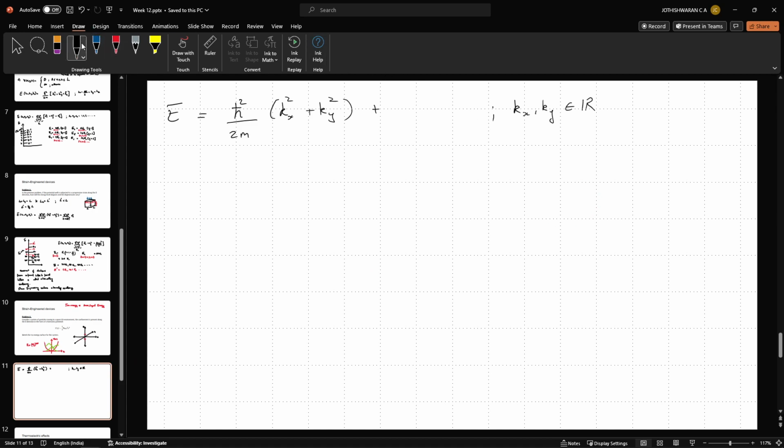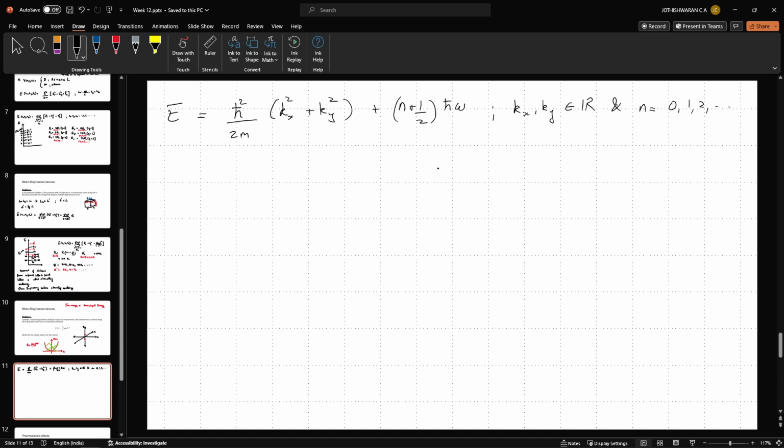All we will do is substitute that over here: n plus half times h bar omega, and n is equal to 0, 1, 2. Here n can take the value 0 because the lowest possible energy is half h bar omega.